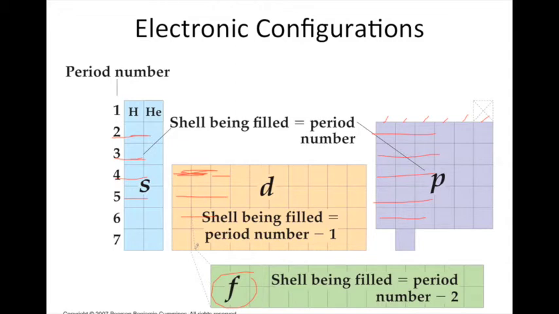Remember that the lanthanides and actinides fit in right in here. So here we're filling up the 6s, 1 and 2, and then we begin to fill up the 5d, and then we drop down and begin to fill up not the 5d, but the 4f. And here we're filling up the 5f.